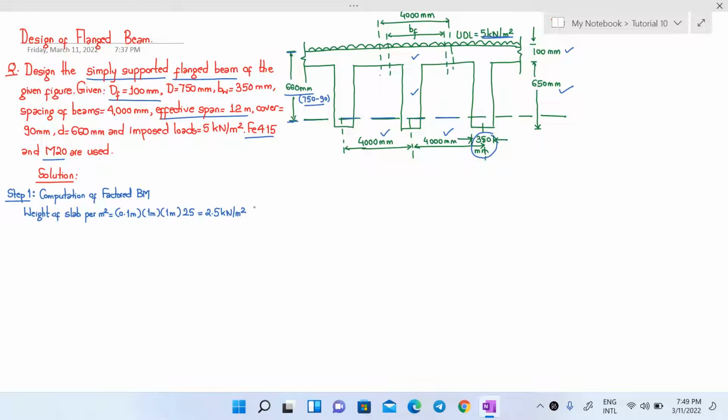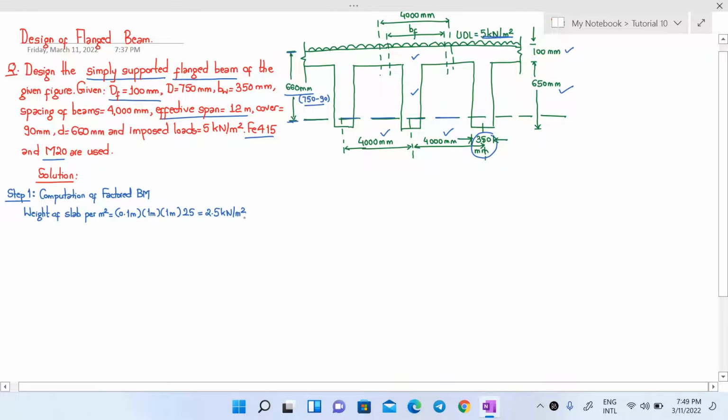But since we will be calculating all the loads as a uniformly distributed load, we have to convert this to unit weight per meter.